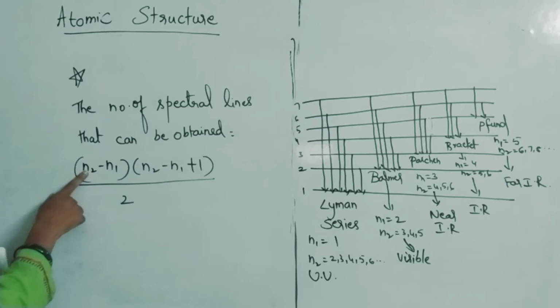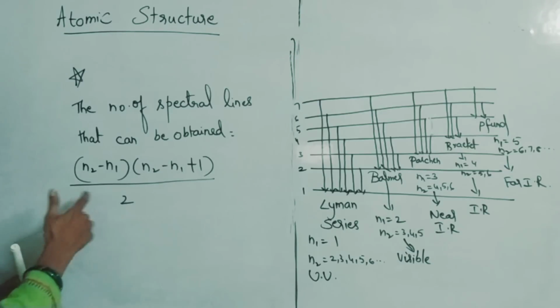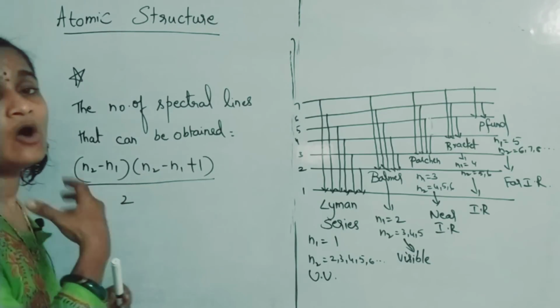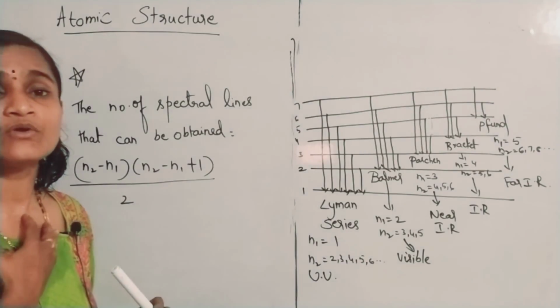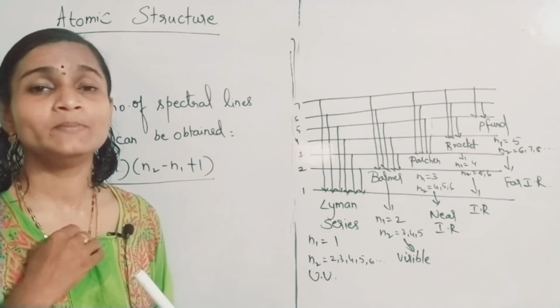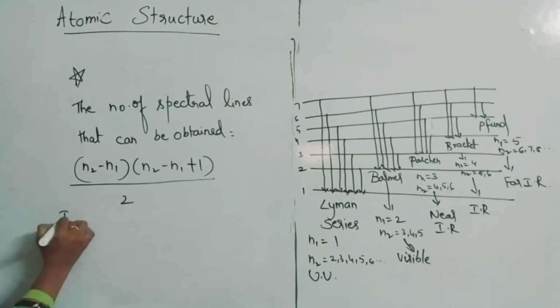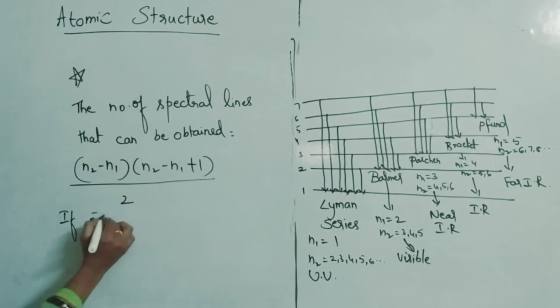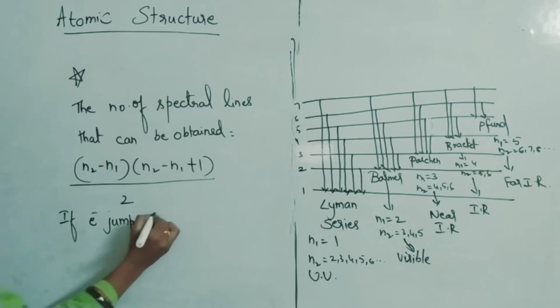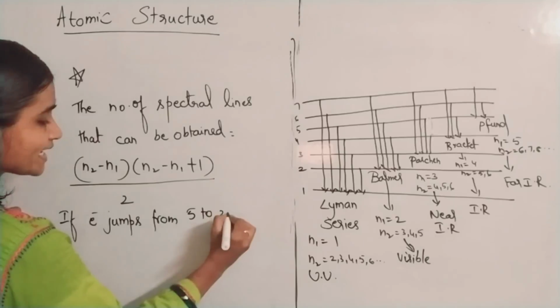Here N2 is any of the higher energy levels, N1 is any of the lower energy levels. If you apply this formula, you will get the exact number of spectral lines formed when an electron jumps from the given higher energy level to a lower energy level. Suppose an electron jumps from the 5th orbit to the 2nd orbit.